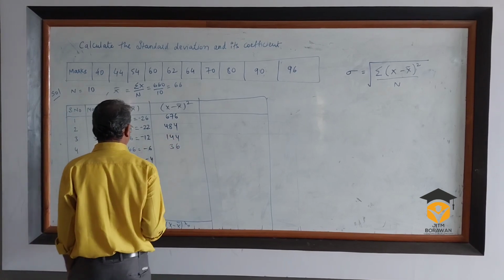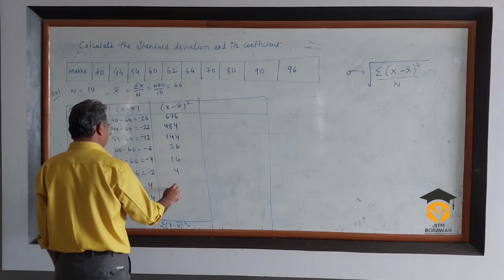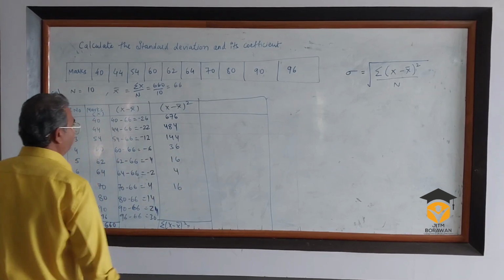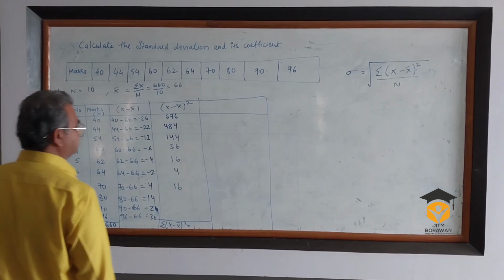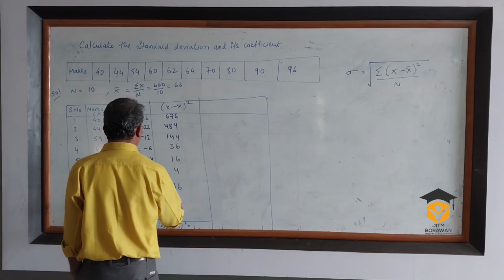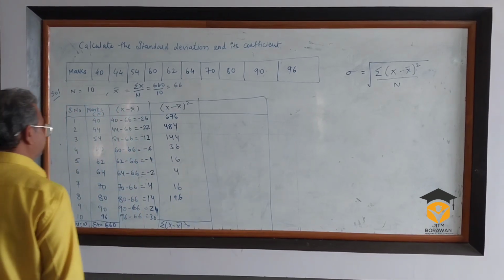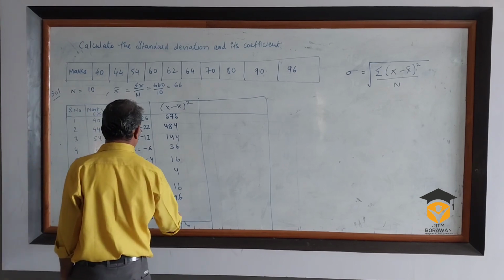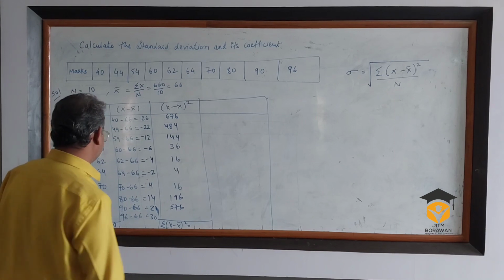Here you have 36. Here you have 16, 4, 16, and then 14 into 14, that is 196. Then 24 into 24, that is 576. And 30 into 30, we have 900.